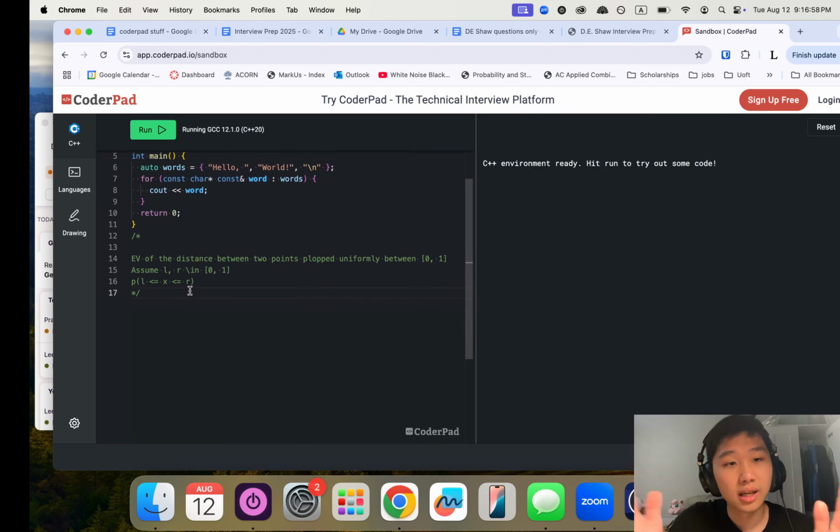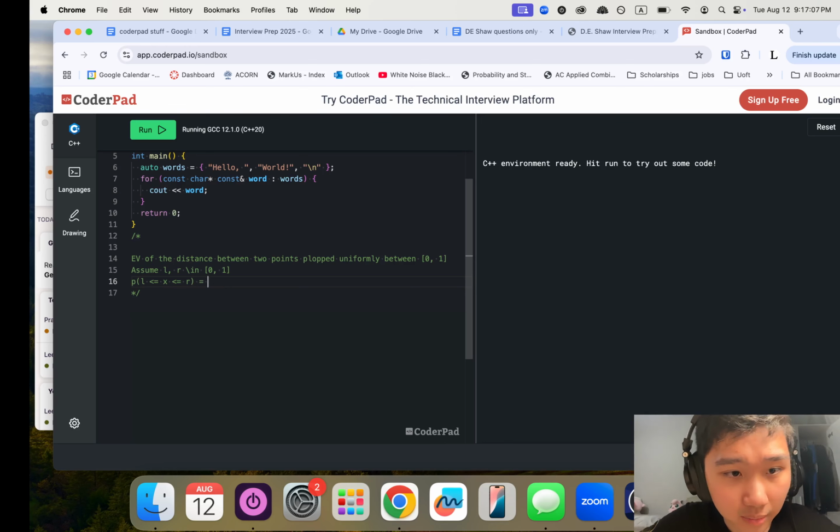Otherwise, you just clamp it to 0, 1, or just set it to 0. If they don't include anything in 0, 1, it's going to be L minus L.